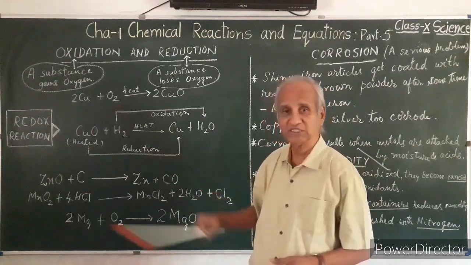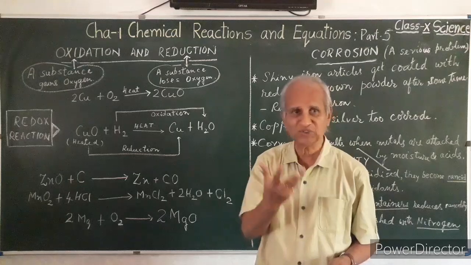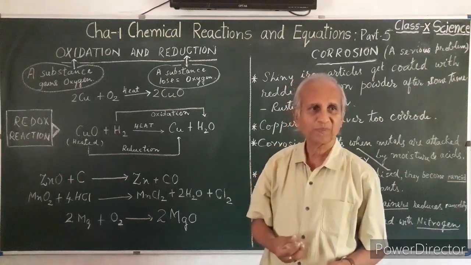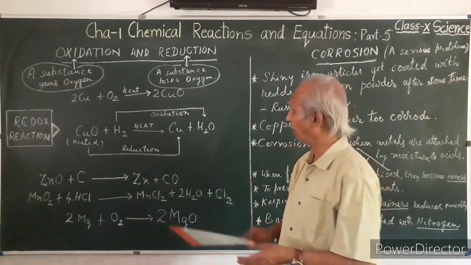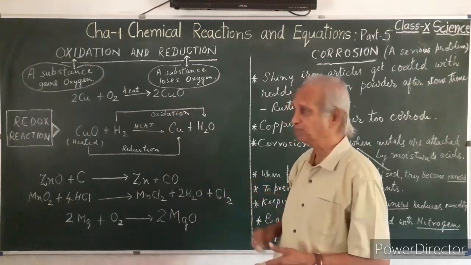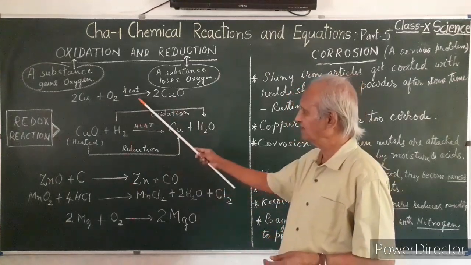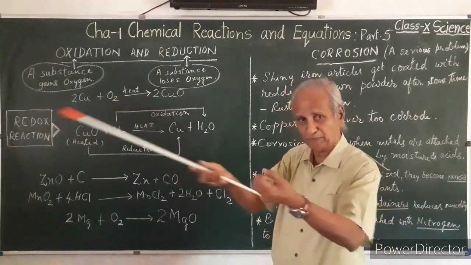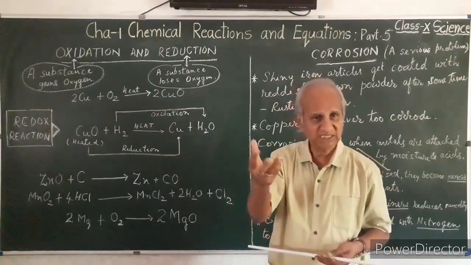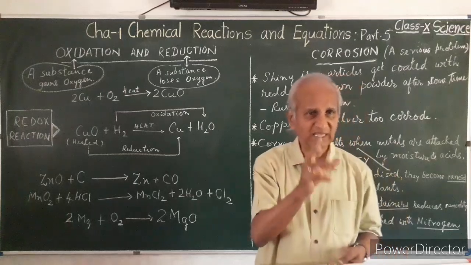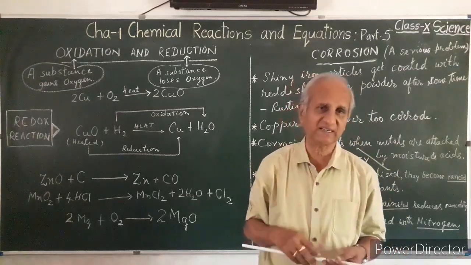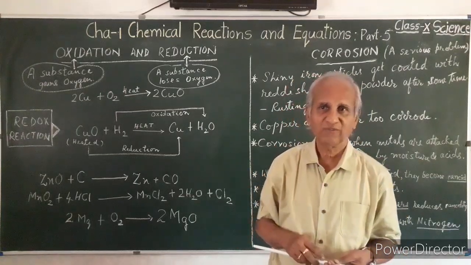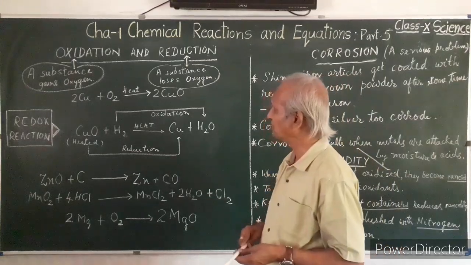Copper will take oxygen from the air, it burns now, and it turns into copper oxide, CuO. Now oxygen is absorbed. Oxygen takes the key role in this reaction. We call it as oxidation.